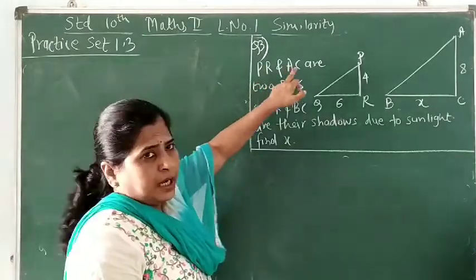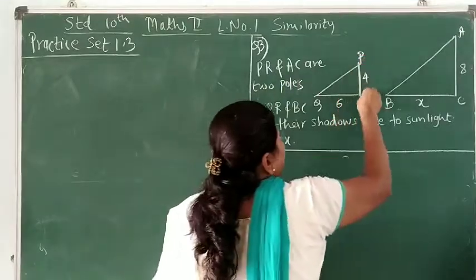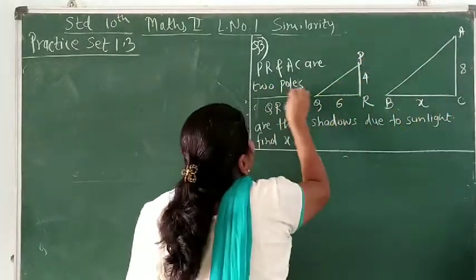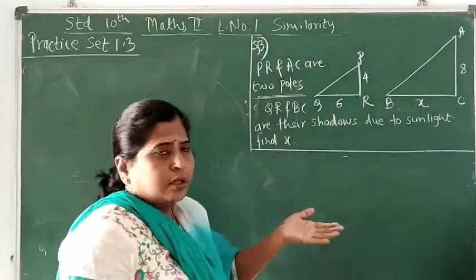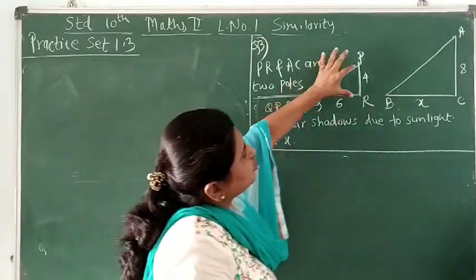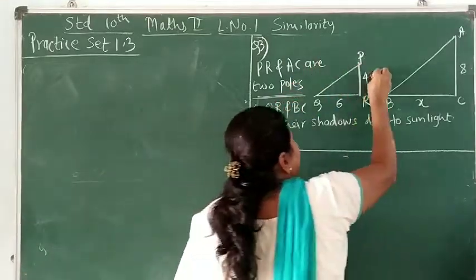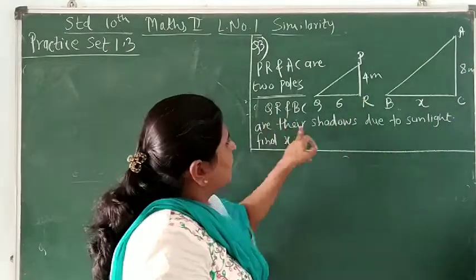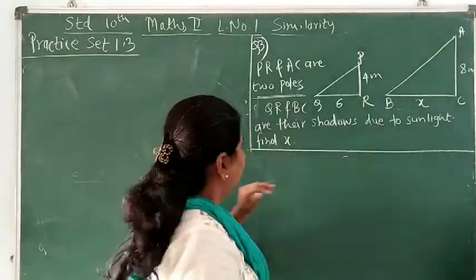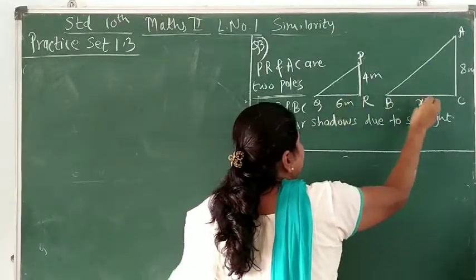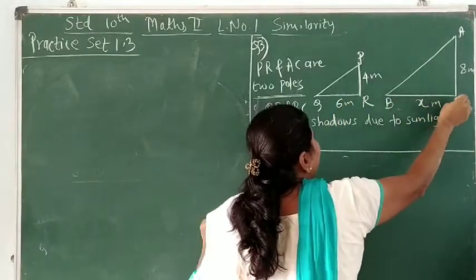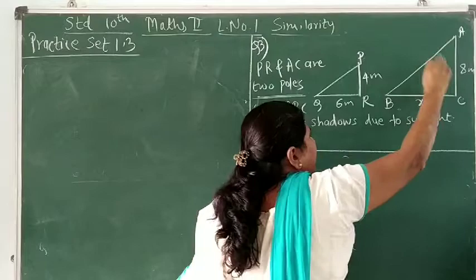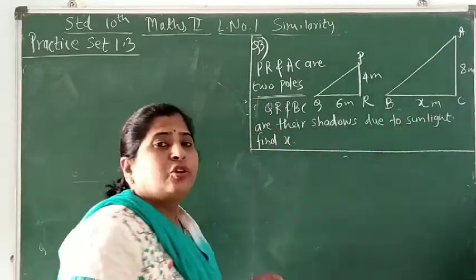PR and AC are 2 poles erected on the ground, and their lengths are given in the figure: 4 meters and 8 meters. QR and BC are their shadows due to sunlight. Find X. This is also in meters. So we need to find the shadow of the pole AC. What is the length of the shadow?